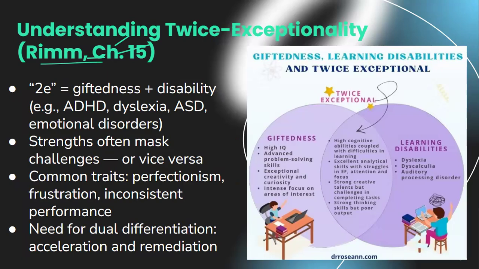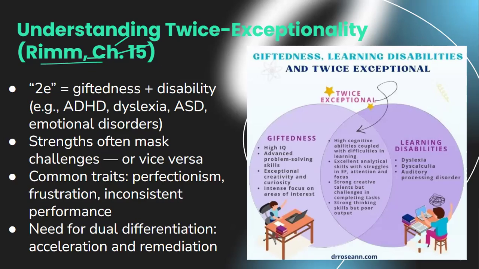Rim defines twice exceptionality as the coexistence of giftedness and one or more disabilities. These students often present a paradox: high conceptual ability alongside academic, behavioral, or social difficulties. For example, a student with dyslexia might generate brilliant ideas, but struggle to record them in writing, which is often necessary for many tests.